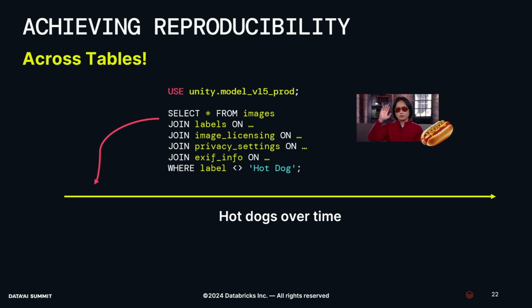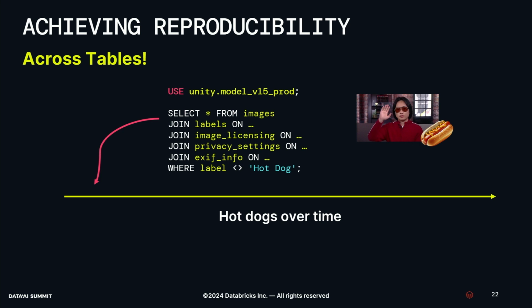And when I create a commit, I'm actually creating a snapshot of all these tables together at a given point in time on my branch. Right? And once I assign a tag to that commit, just like in Git, that tag is fully immutable. If I query that same tag again, if I use model v15 prod a week from now, I'm guaranteed to get back the same results. Right? I have an actual version number I can refer to.